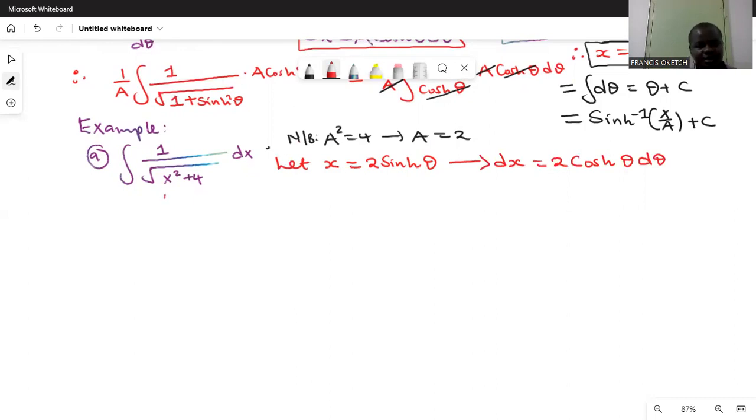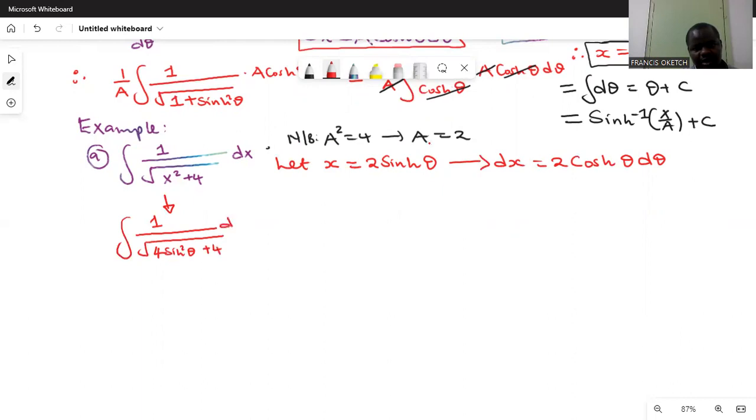And then remember, we are differentiating with respect to theta. So when we substitute in this integral, what do we get? It will now be the integral of 1 over the square root of x squared, but instead of x, I need to replace it by 2 sinh theta. We want the integrand now to be a function of theta. So when we square x, we are going to get 4 sinh squared theta, then plus 4.